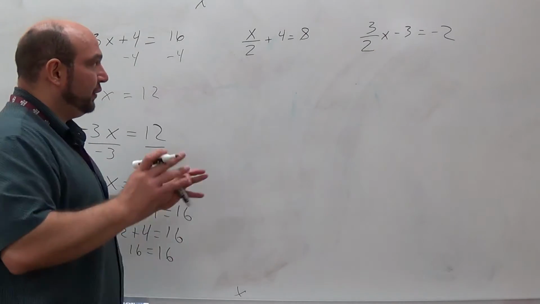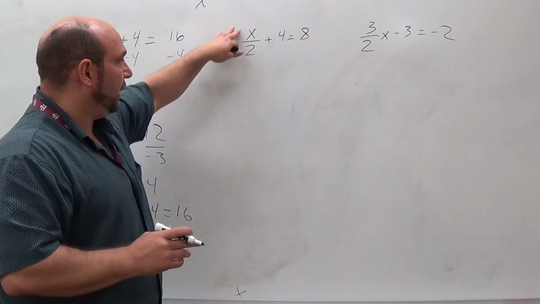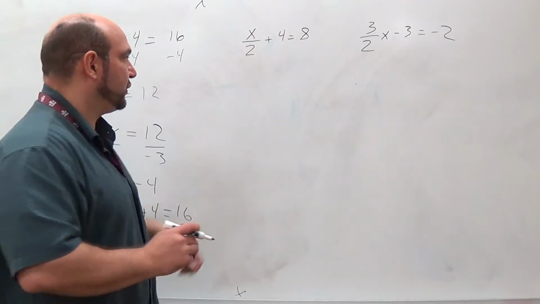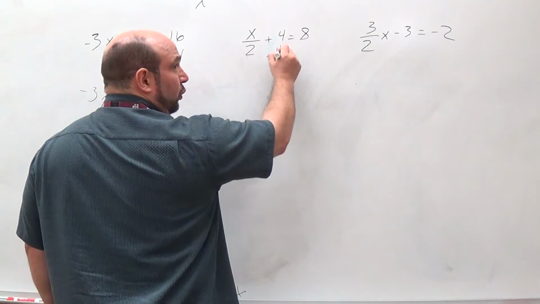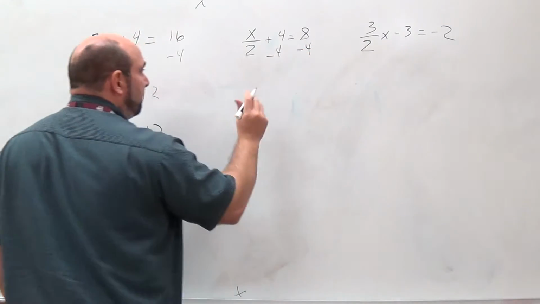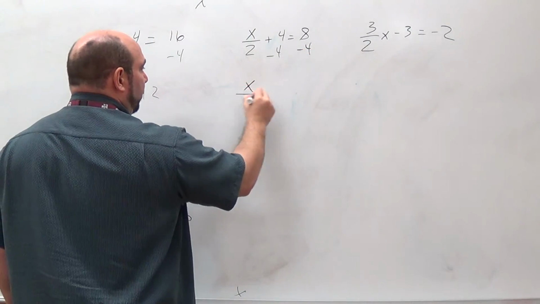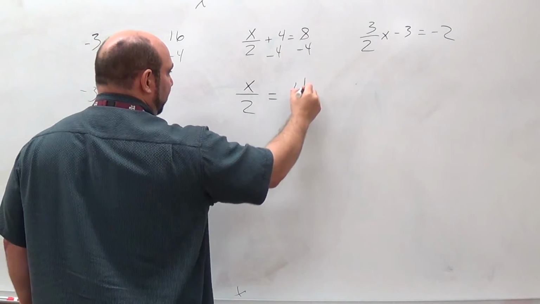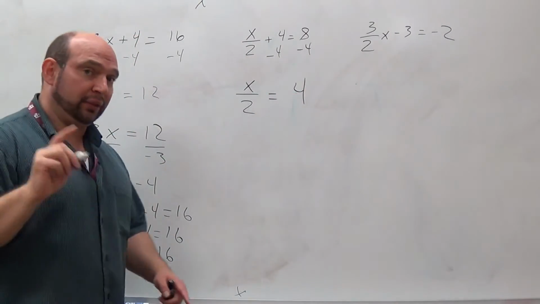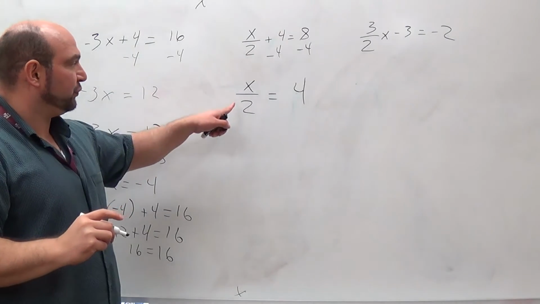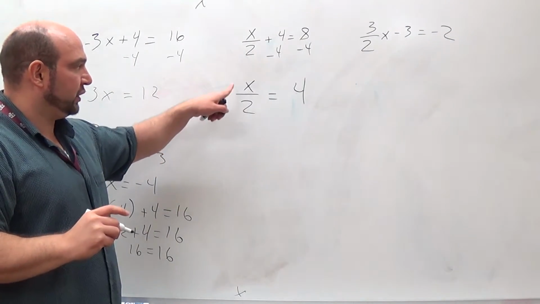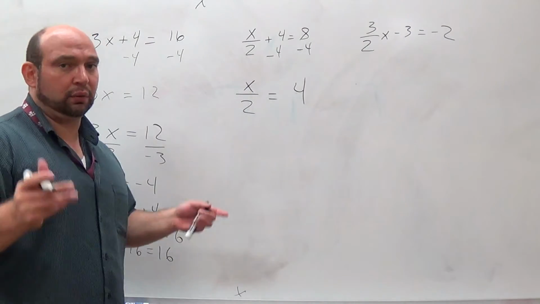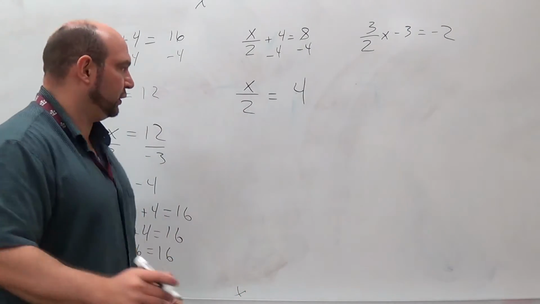All right, now in this case, x over 2 plus the 4 equals 8. I'm going to get rid of this 4. So what I do, I subtract 4 from both sides. While these 4's cancel out, I'm left with this 4. Now note, in this case, my 2 is dividing the x. Well, what's the opposite of division? The opposite of division, of course, is multiplication.